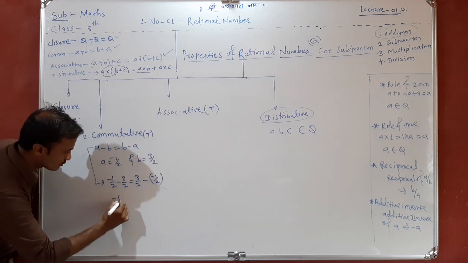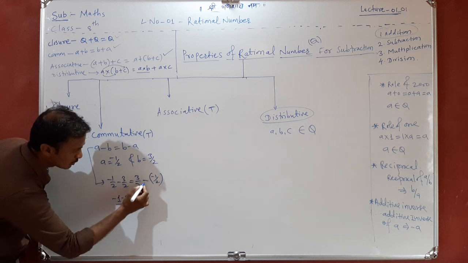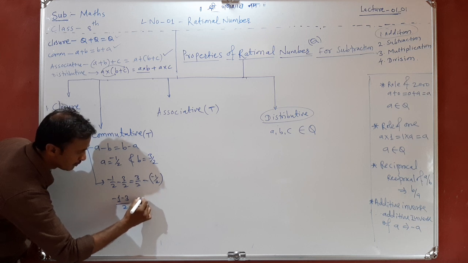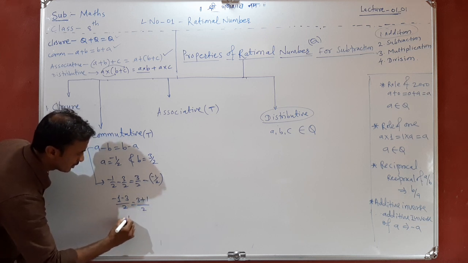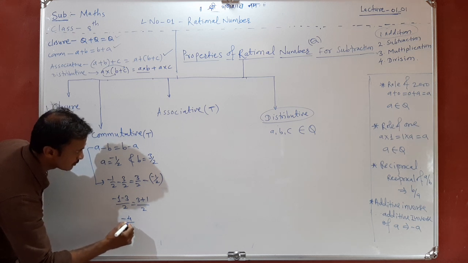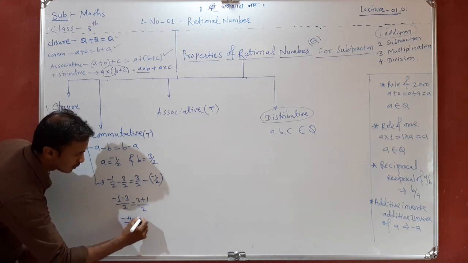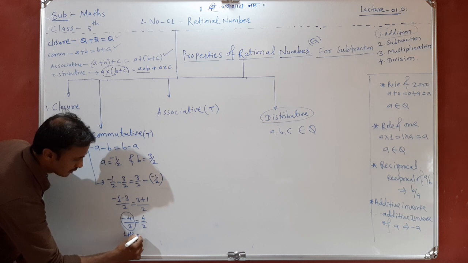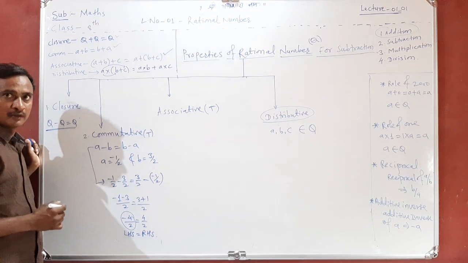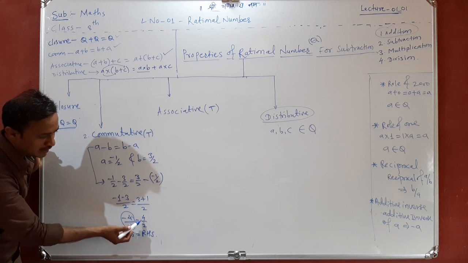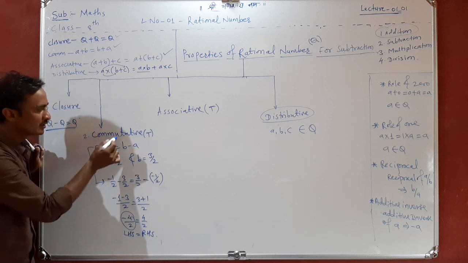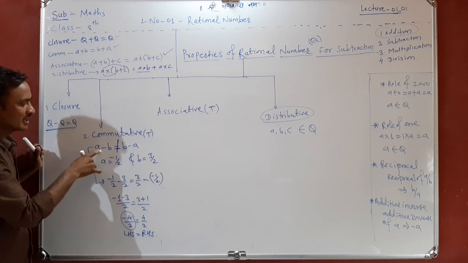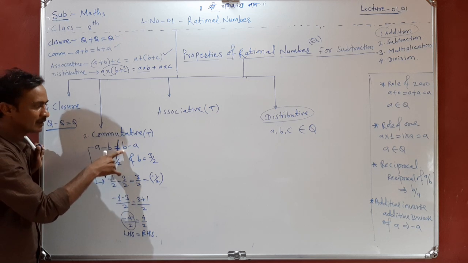Now see, minus 1 minus 3 upon 2 is equal to minus 4 upon 2, and the other side, minus becomes plus, 3 plus 1 upon 2, is 4 upon 2. In that LHS we have minus 4 by 2 and here positive 4 by 2. It means that the commutative property does not hold true for the subtraction, meaning a minus b is not equal to b minus a.